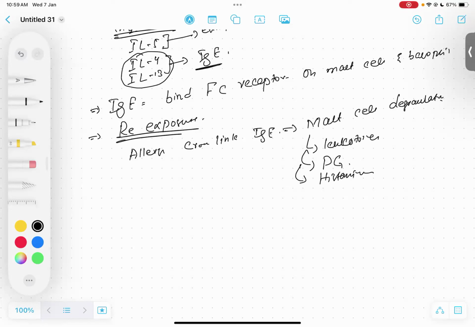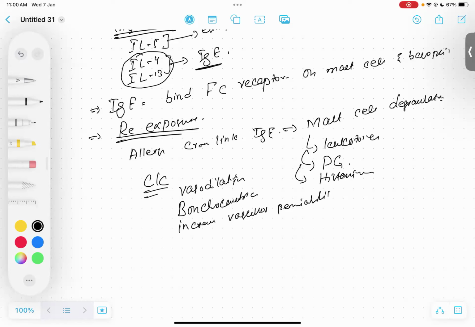And these three will then cause clinical symptoms like vasodilation, bronchoconstriction, increased vascular permeability, and the fourth one is mucus production.